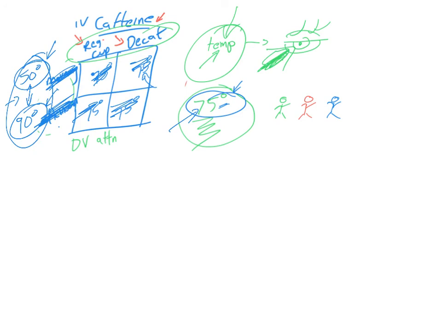If the researcher held it the same for everybody, then that makes it a control variable because they've controlled that confound.